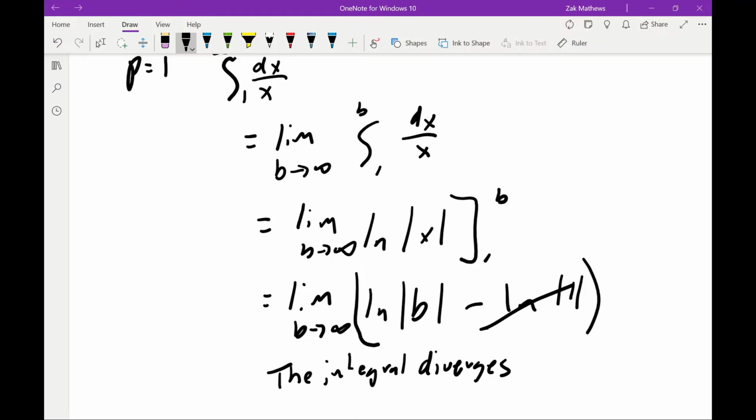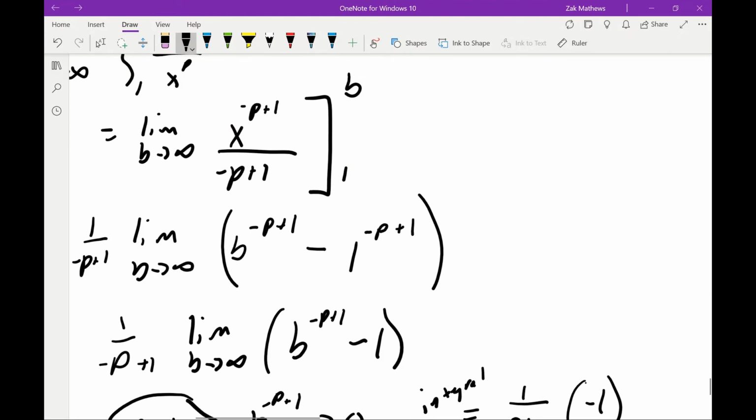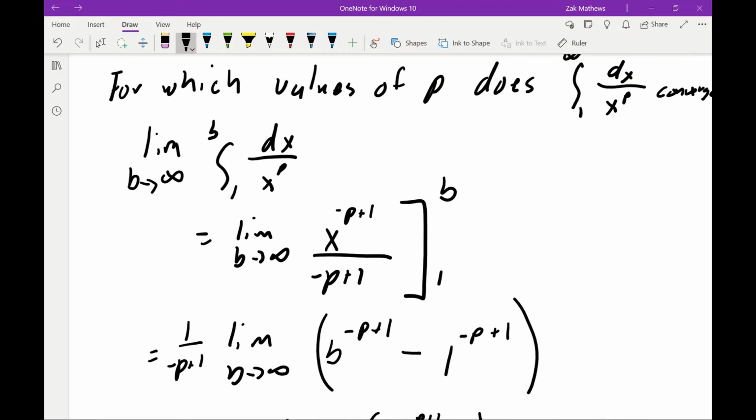So the only time that this initial statement, dx over x to the p, converges is if the p is greater than 1. When that p value is greater than 1, that fraction will actually converge. Otherwise, it is going to diverge.